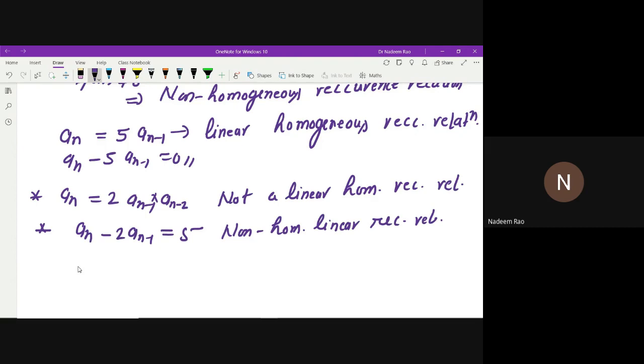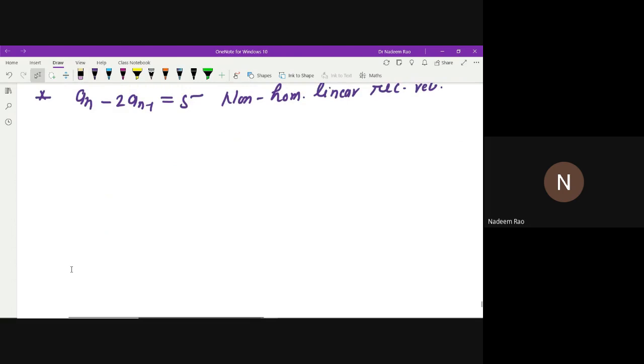Now, what do you mean by the solution of a recurrence relation? How will we find the solution of a recurrence relation?